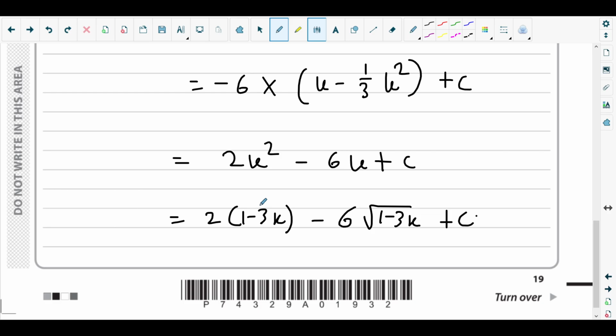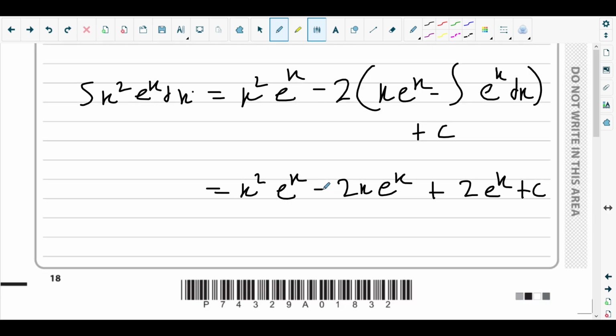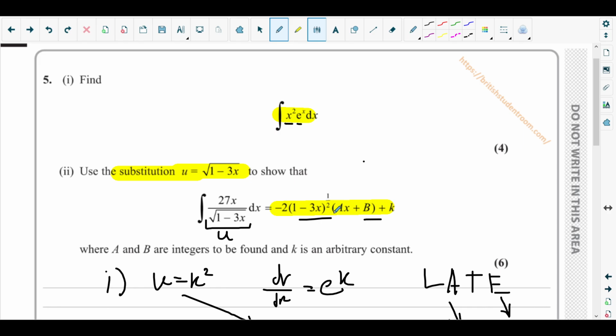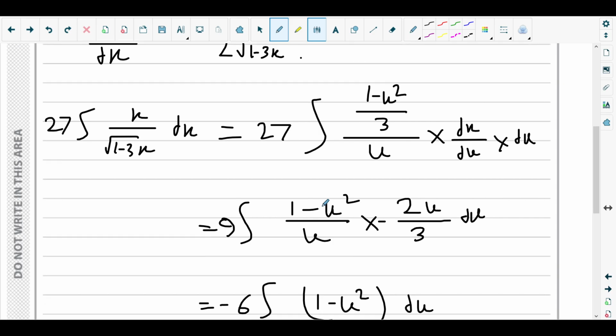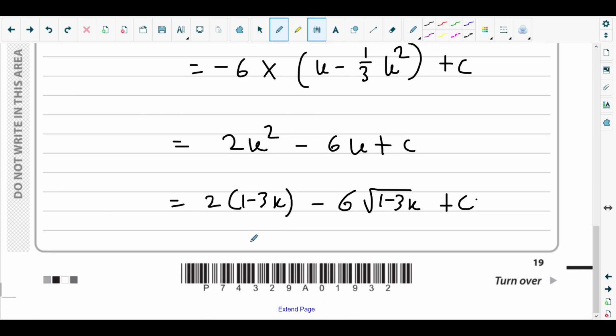Let's see what format they wanted on the right hand side. So there is negative 2. We can take square root of 1 minus 3x as common. So let's take square root of 1 minus thrice of x common.